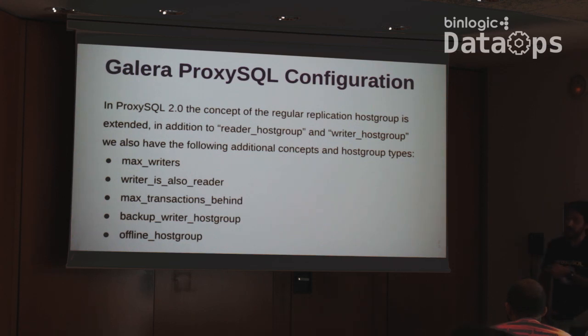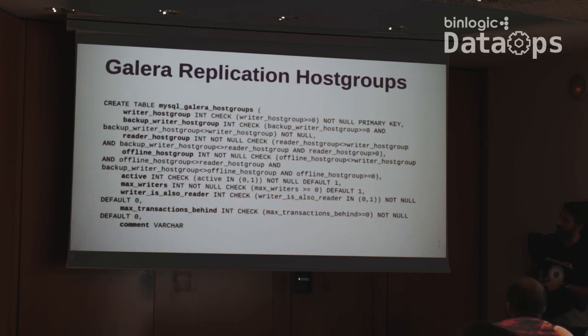So the same table structure was basically used for Galera. So we have this table called mysql_galera_hostgroups, where basically the columns are what I was explaining before. So you have the writer hostgroup, the backup writer hostgroup, the reader hostgroup, the offline hostgroup, and active. So you can also define if one specific hostgroup set is active or not.